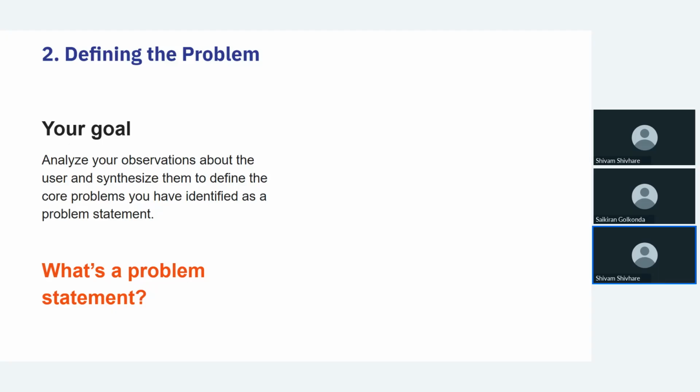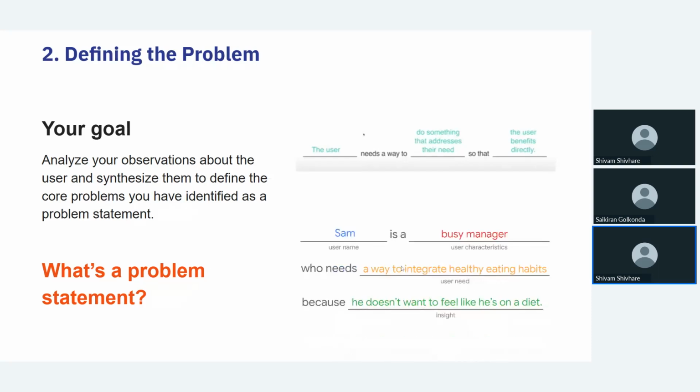By analyzing your observation, you need to define the core problems, and that should be identified as a problem statement. I hope it is clear how to define a problem.